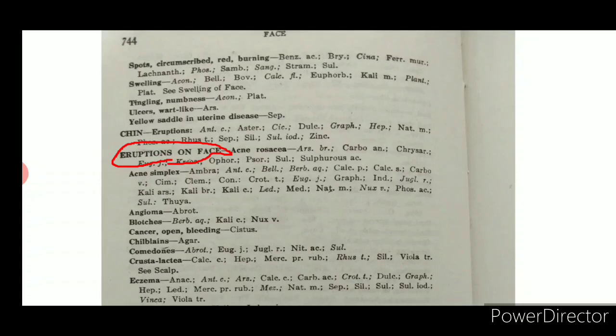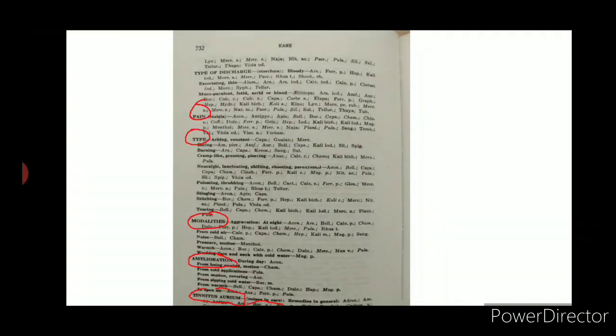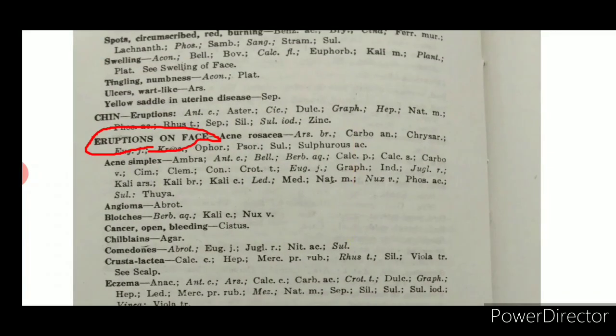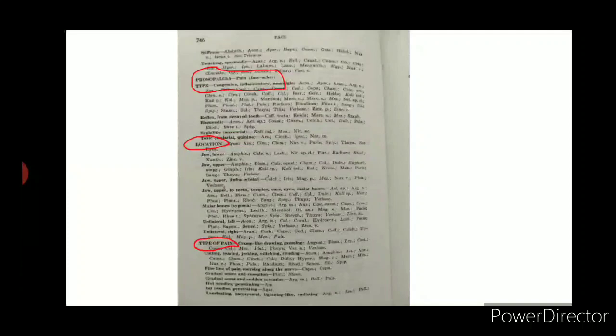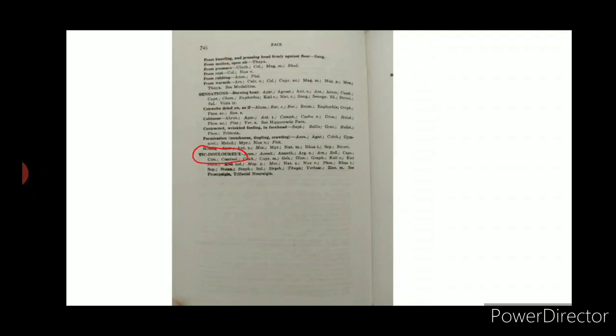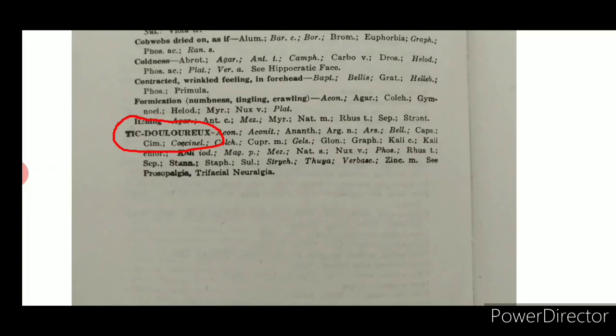If you see in chapter face, the location of the chin is given, and under chin there are different rubrics of eruptions on the chin. There is one old terminology for trigeminal neuralgia given in chapter face, which is known as tic douloureux.